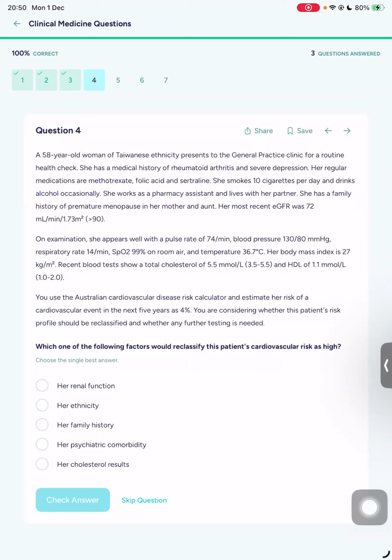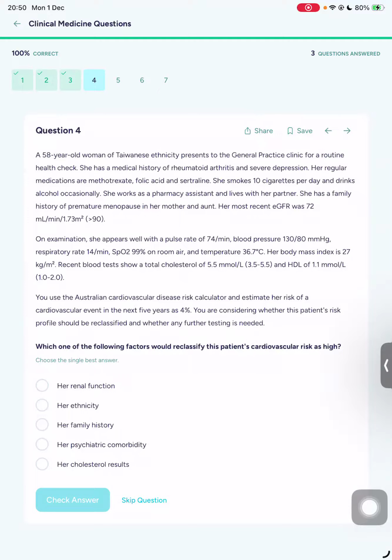On examination, she appeared well with pulse rate 74, blood pressure 130 by 80, respiratory rate 14, SpO2 99, temperature 36.7, body mass index 27. Recent blood tests show total cholesterol 5.5 and HDL of 1.1. You use the Australian Cardiovascular Risk Calculator to estimate her risk of a cardiovascular event in 5 years as 4%.